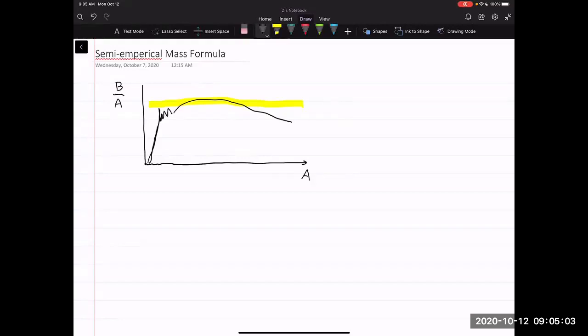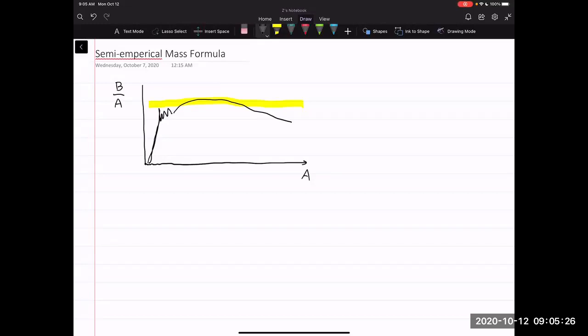The so-called semi-empirical formula is semi-empirical because we're not going to derive this from the so-called first principles. First principles usually refers to quantum mechanics, because that is the very fundamental law of physics.